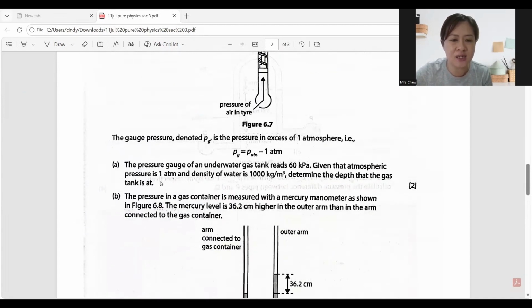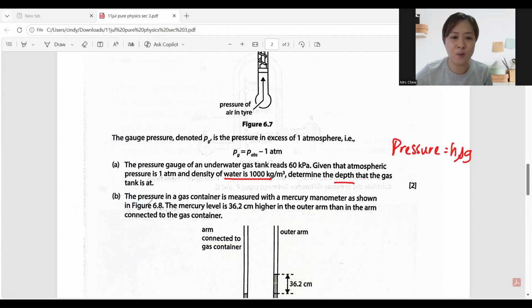The pressure gauge of an underwater tank reads 60 kilopascal. Given that the atmospheric pressure is 1 atm and the density of water is this, determine the depth that the gas tank is at. Always remember, when they ask for depth and tell you the density of water, we are looking at pressure, we are looking at H rho G. Because with this formula we can use the density, and they ask us for the depth.